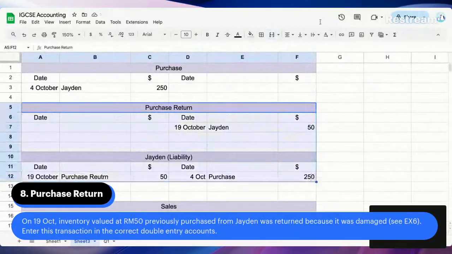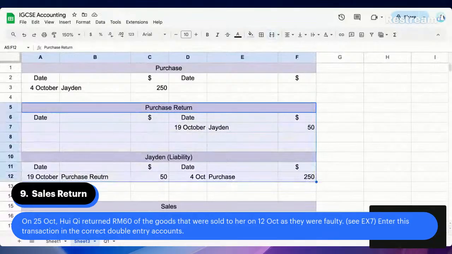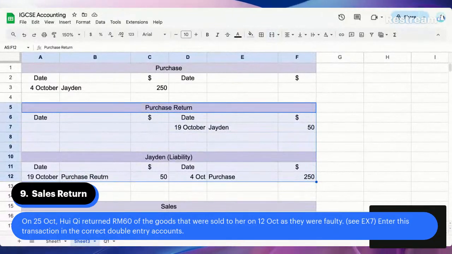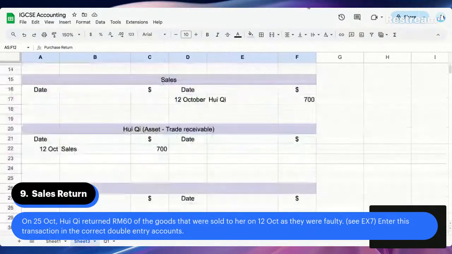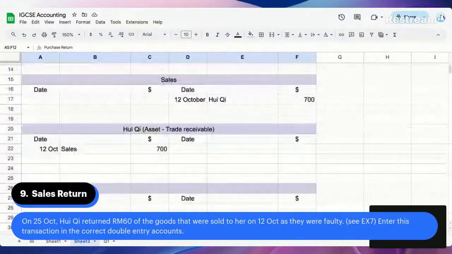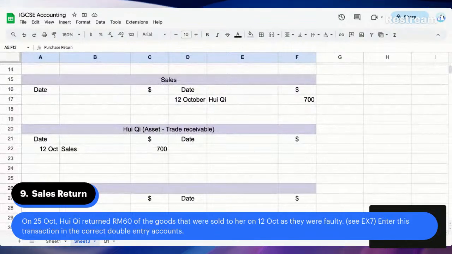All right, so now let's go to example number 9, sales return. We'll go back to the sales side. What happened on 28th of October? Hui Qi returned 60 of the goods sold to her on 12th of October.